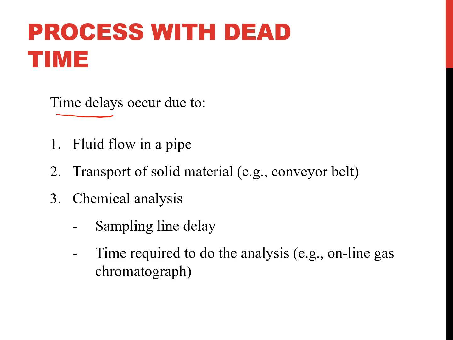And of course, the most common time delay obtained in chemical processes is when we do chemical analysis. For temperature, usually the time delay is very small because the reading can be taken quickly. If we have a time delay, usually it is 1 second or 2 seconds. The same goes with level.